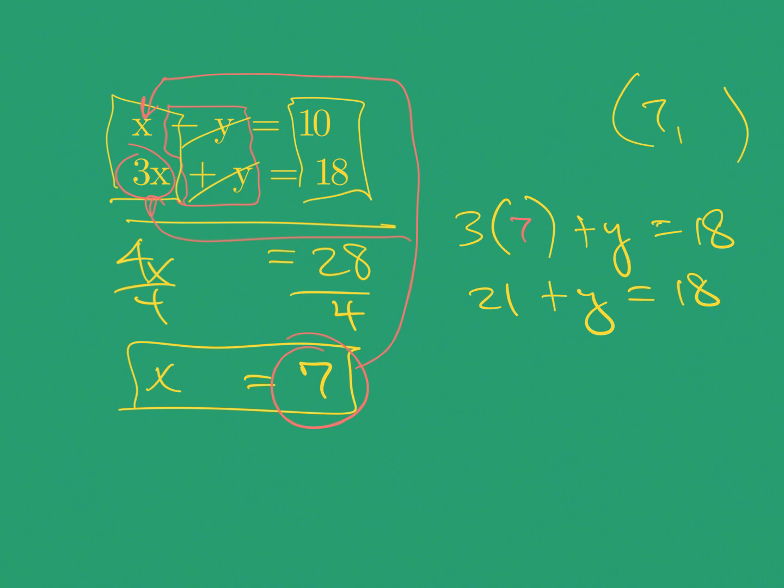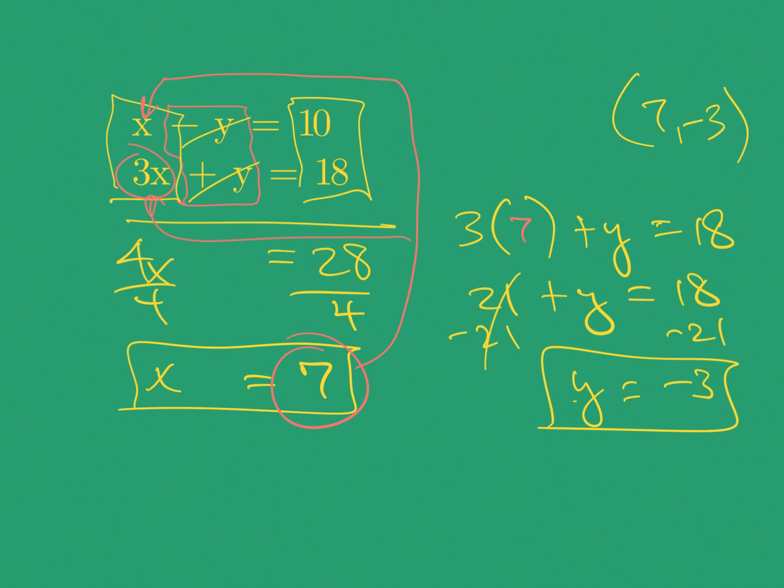How do we get rid of the 21? Agreed. Subtract 21. And what is 18 minus 21? Negative 3. There's your y value, negative 3.